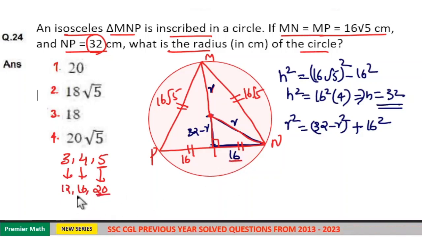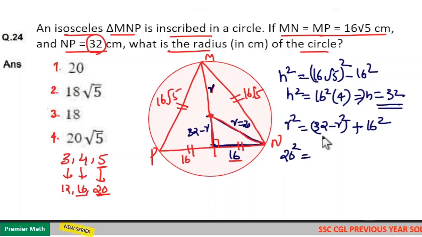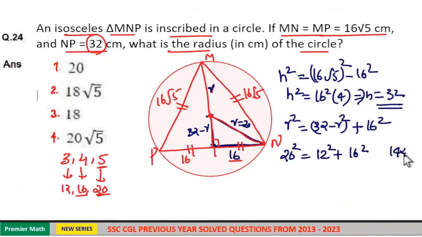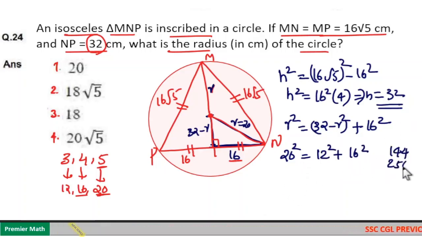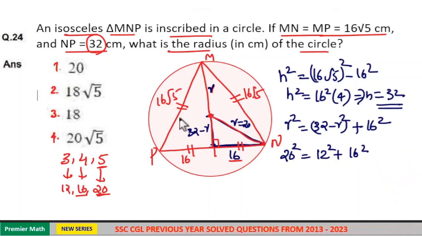We have 16 here. Now, check for R as 20 in this equation. That is, if you take R as 20, 32 minus 20 is equal to 12. So 12 square plus 16 square is equal to 20 square. Check for it. 12 square is equal to 144. 16 square is equal to 256, which gives 400, which is 20 square. So R is equal to 20 here. Option 1 is your answer.